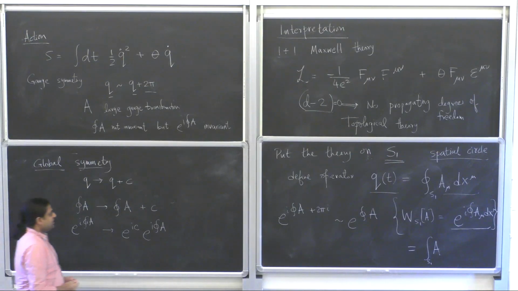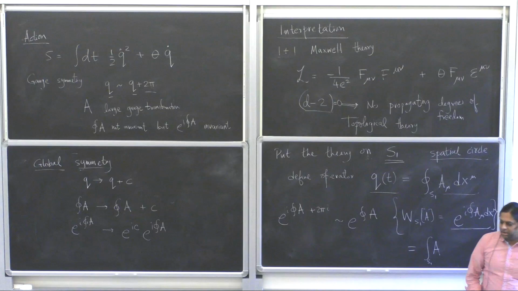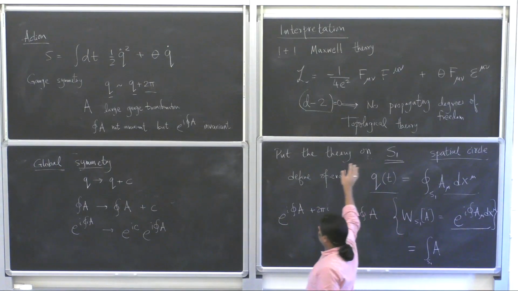So there was an extra symmetry that we often don't talk about traditionally in the Maxwell theory, which is a global symmetry.